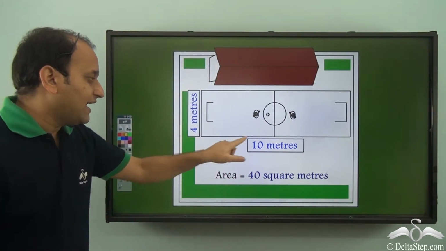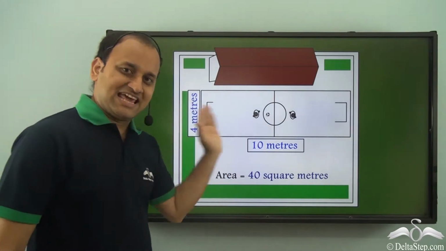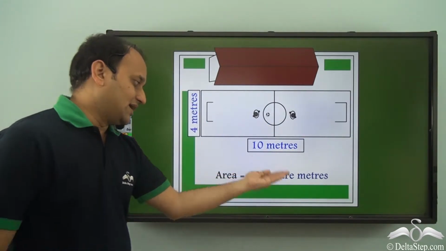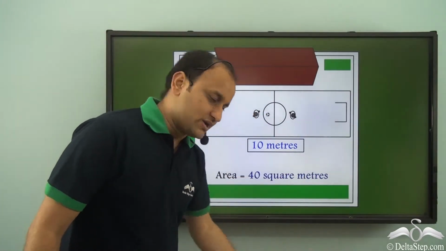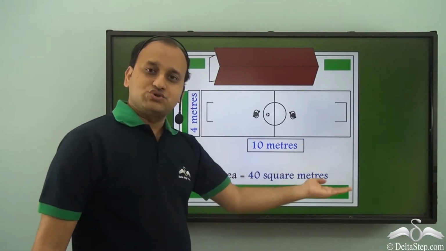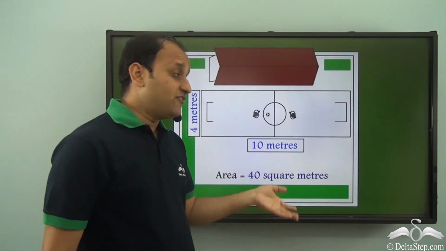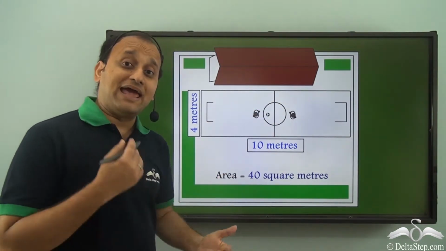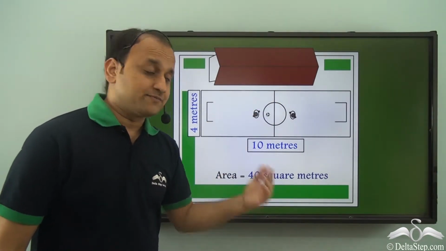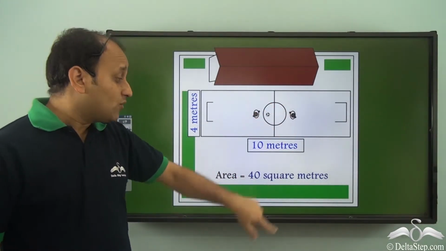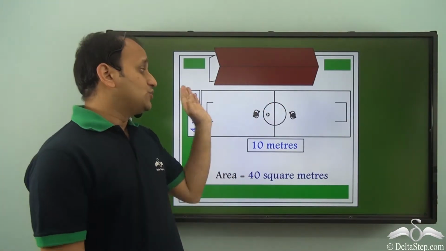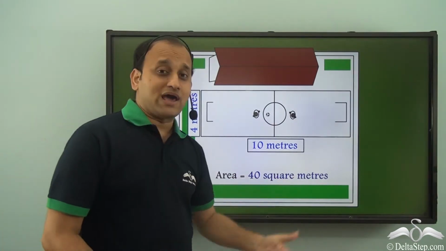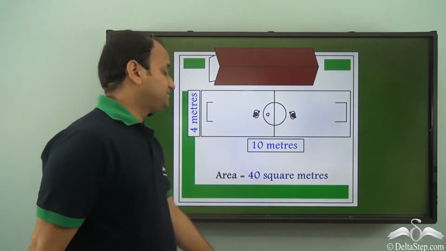So when we multiply two numbers with same units, well, the answer is always in square units. So in this case we have square meters. So how did we find out the area of this particular rectangle? By multiplying length into breadth. So now Sam and Ravi know that they need grass to cover 40 square meters of area.